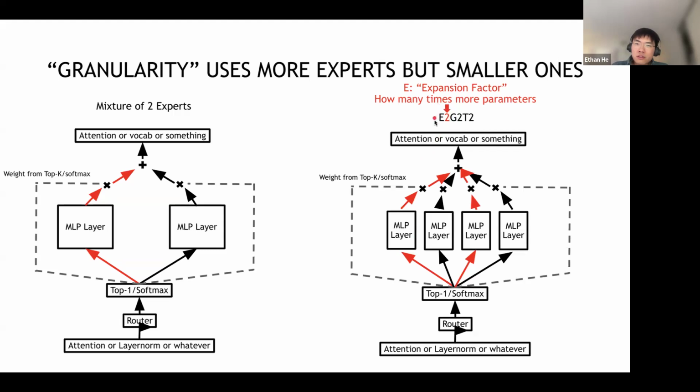Here, some notation: E2 means expansion factor is 2. This is how many times the expert is copied, and G2 is granularity, or how many times the expert is segmented.